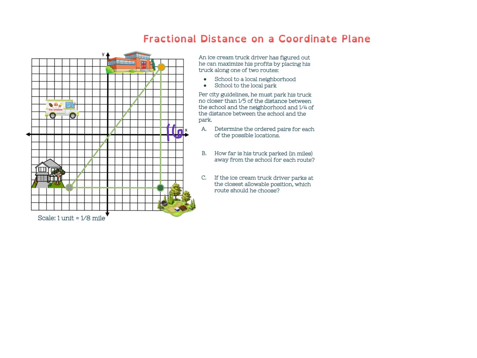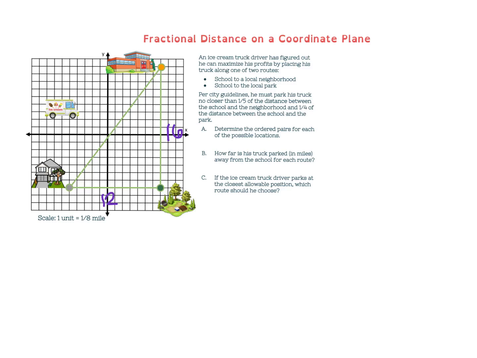And you can just count that, or you could look at the change in y values. And then the horizontal distance between the park and the neighborhood is 12 units. Again, I can calculate that by counting the units in between or by looking at the change in the x values.